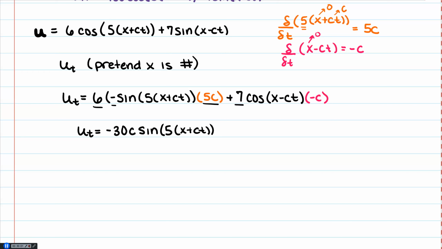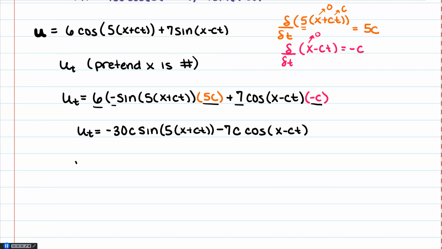And then 7 times minus c is minus 7c cosine of (x minus ct). Okay, so this is u sub t, the partial derivative of u with respect to t, which keeps all the other variables as constants. Now we want to do that again.